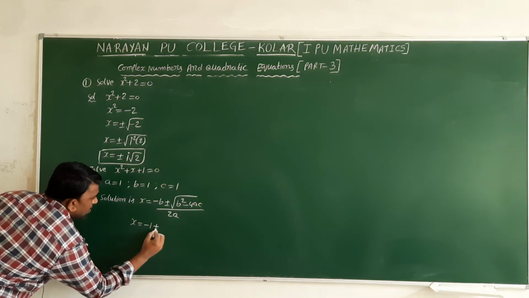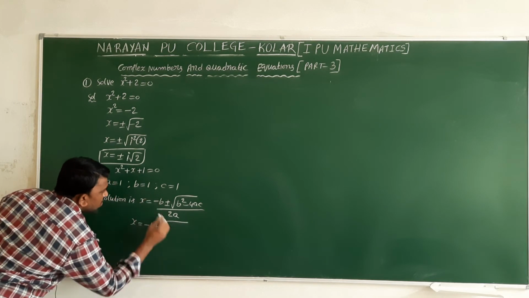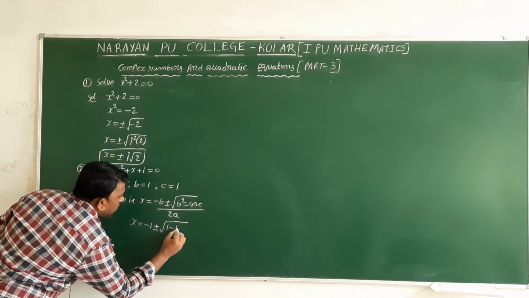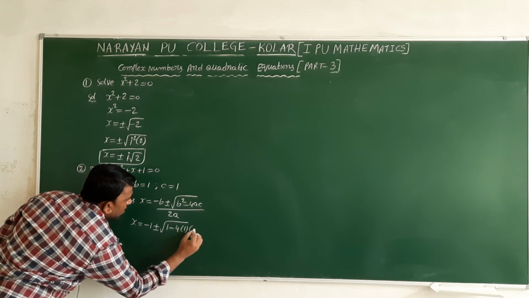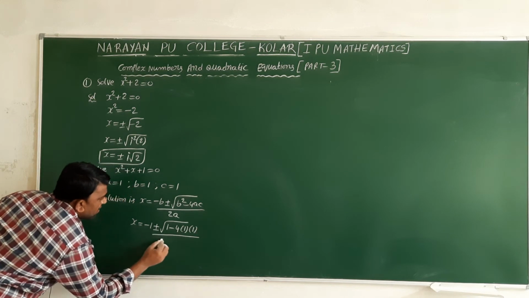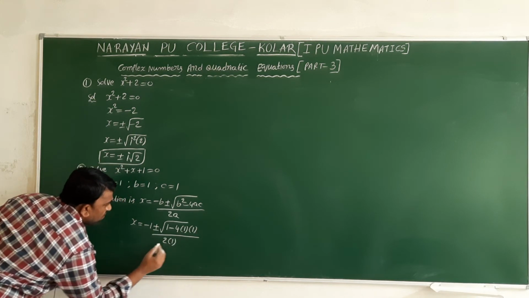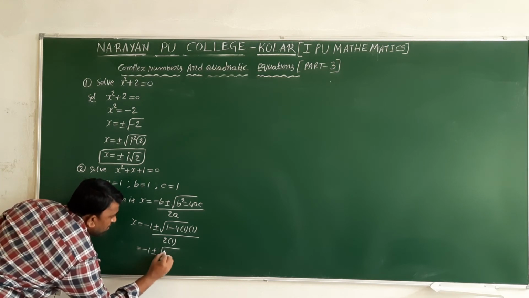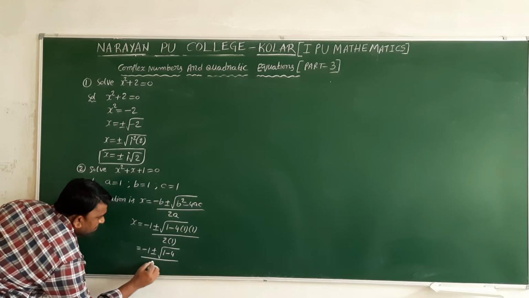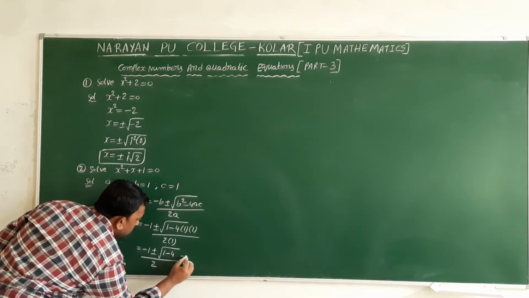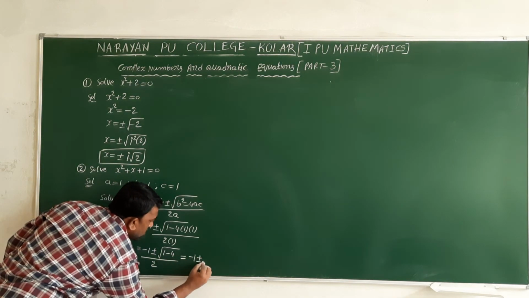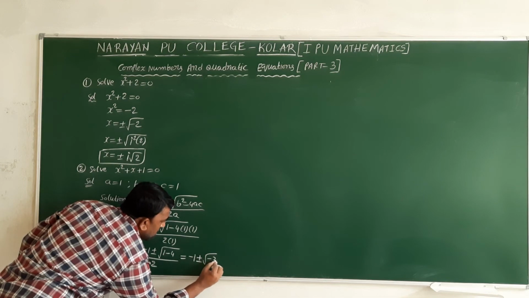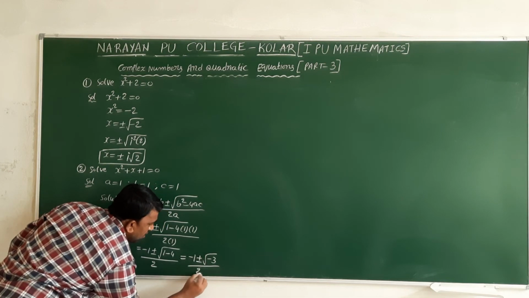Minus 1 plus or minus square root of b square, 1 square is 1, minus 4 into 1 into 1, divided by 2 into 1. Minus 1 plus or minus root 1 minus 4 divided by 2. Minus 1 plus or minus root minus 3 by 2.